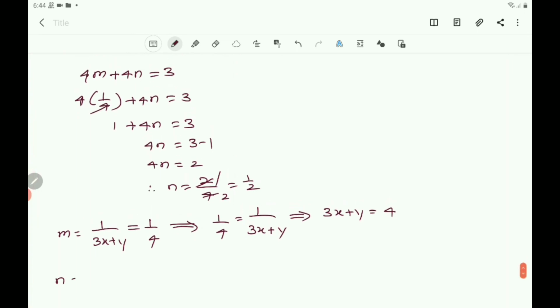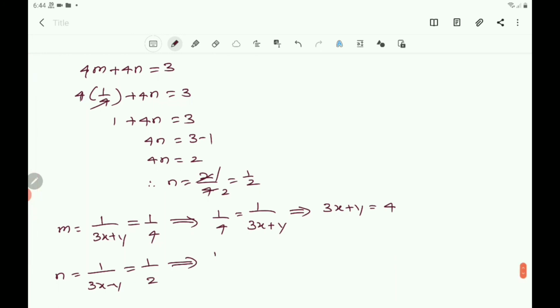Next n equals 1 by 3x minus y, that equals 1 by 2. That implies 1 by 2 equals 1 by 3x minus y, you do the cross multiplication, you will get 3x minus y is equals to 2 here.